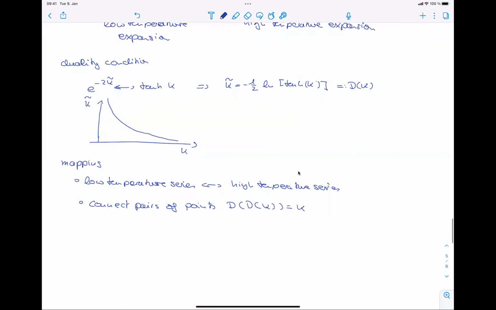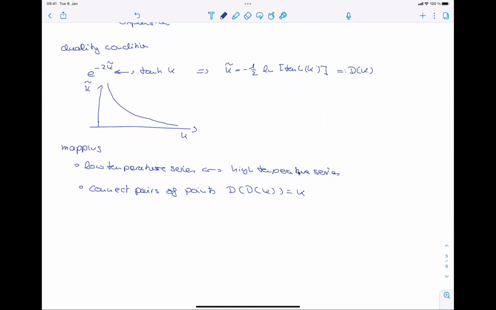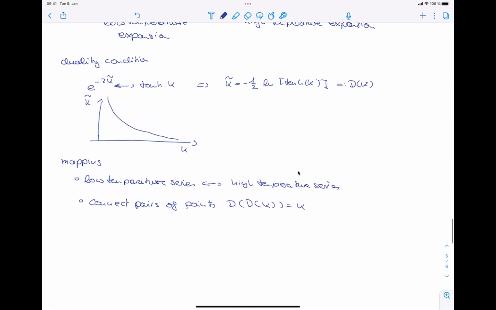But what this means is, and now let's just write this down. If I start with sinh 2K, then this I can rewrite as 2 hyperbolic cosine. Sorry, this is just trigonometry, right?